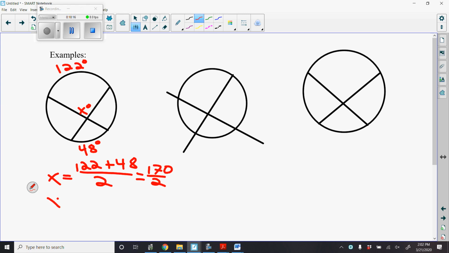And 170 divided by 2 means that x must be equal to 85. And I'm done. Let me show you another one.